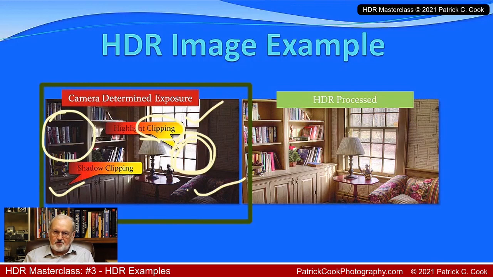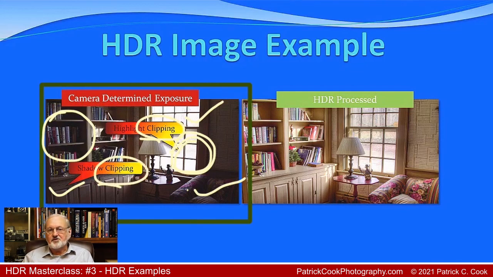And in this particular case, because the dynamic range of the camera isn't capable of exposing the very high levels of light, I have clipping that's occurring in the highlight areas of the image, and I have clipping that's occurring in the shadow areas of the image.